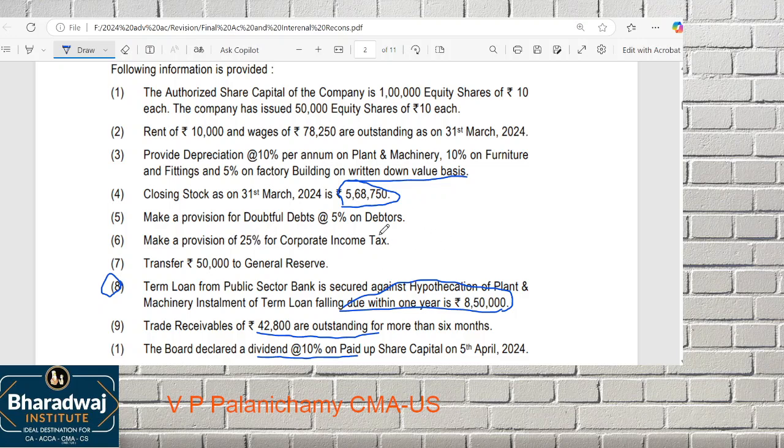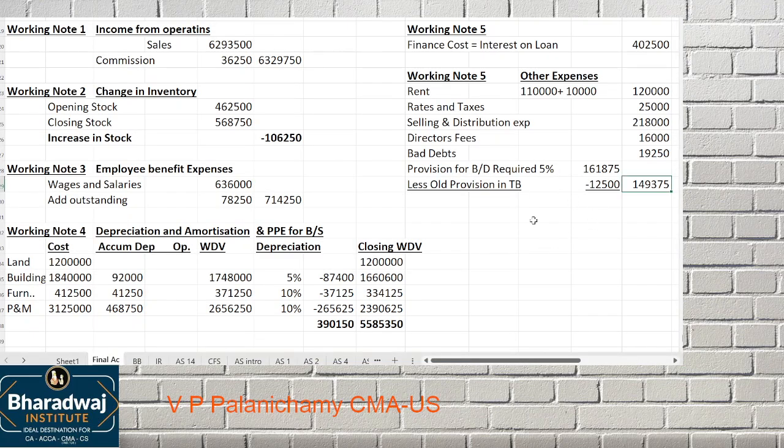This income tax will come in the P&L account. That's it. This will give us the total of other expenses, 5,47,625.